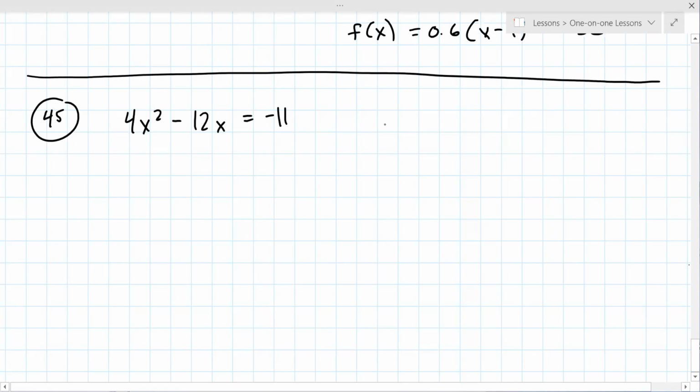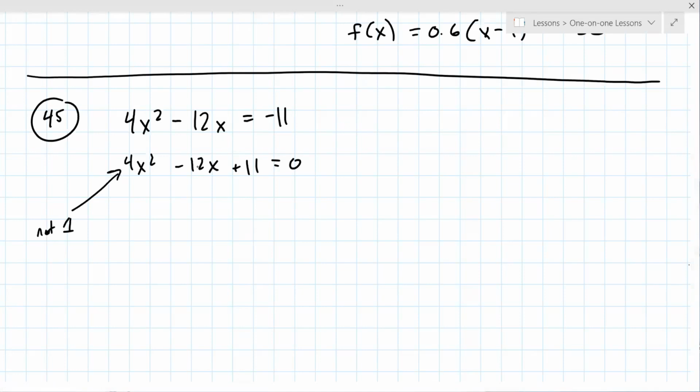Okay, so first thing I'm going to do is move that 11 to the other side. When you're solving quadratics, you almost always want to have everything on one side of the equation. Now, this leading coefficient is not a 1. If it was a 1, you would just try to find two numbers that multiply to 11 but add up to negative 12. Because it's not a 1, you do something different. You would try to do a GCF, greatest common factor, but there is none because 4 doesn't go into any of the other ones.